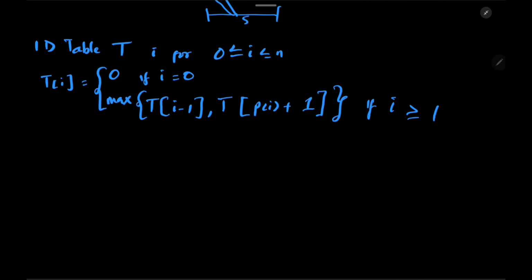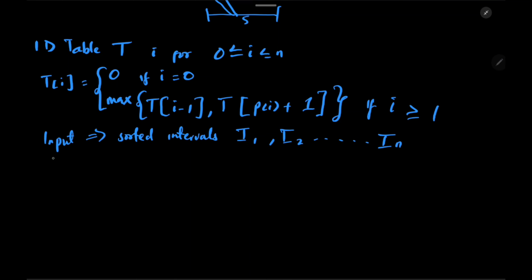So the algorithm is as follows. We have our inputs, sorted intervals, going from interval 1, interval 2, to interval n. Our first index, that's T0, the first item in our table, would be 0 because there's no interval yet.